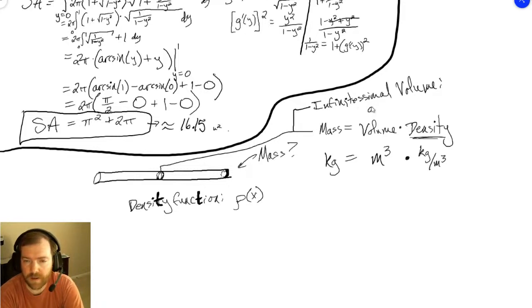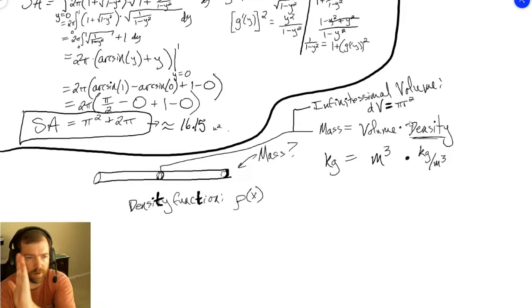And again, this is dV, capital V for volume, is going to be equal to the area, so pi r squared, of one of these ends multiplied by the height, which is the distance across, which we know is going to be dx.